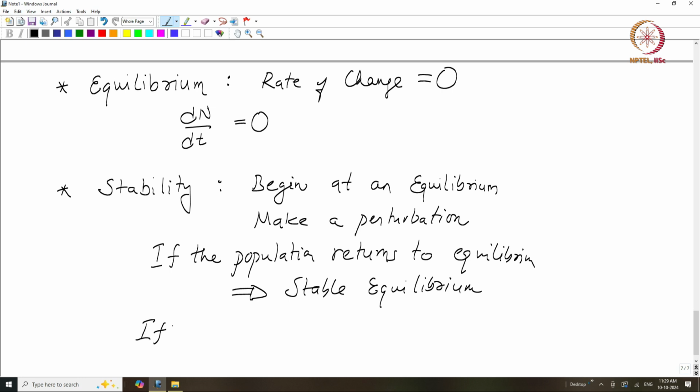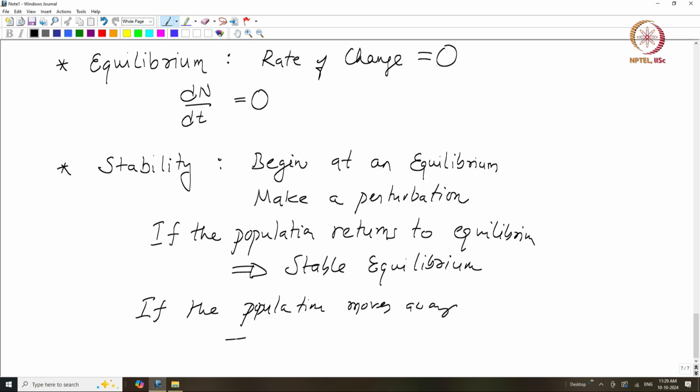On the other hand, if the population moves away from the equilibrium from which we made the perturbation, we call that an unstable equilibrium.